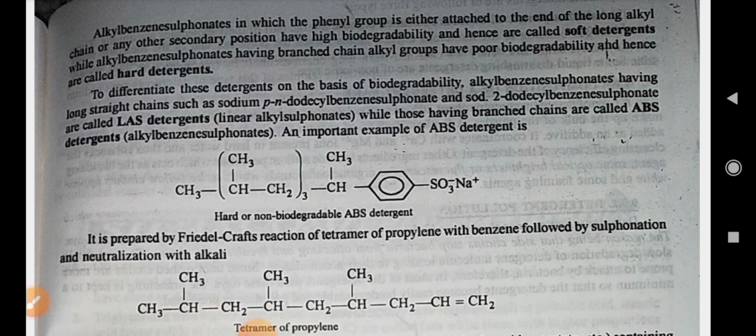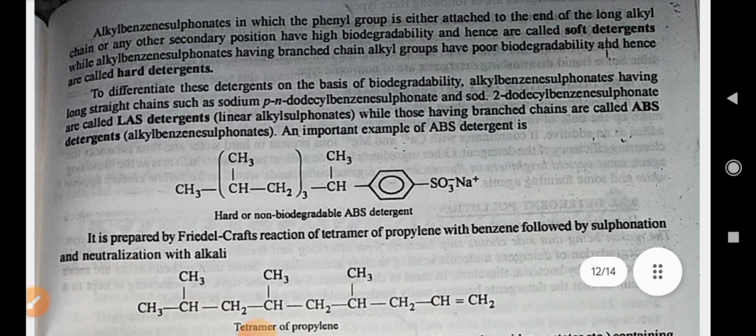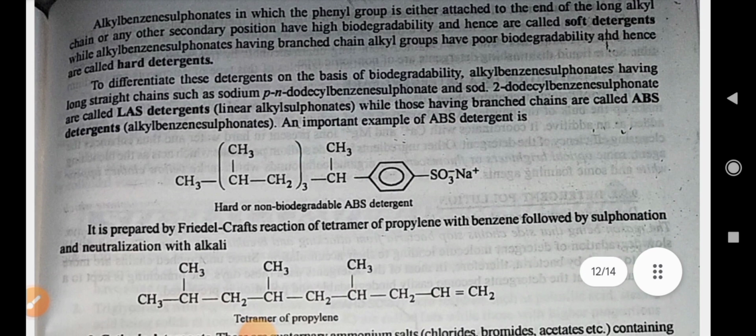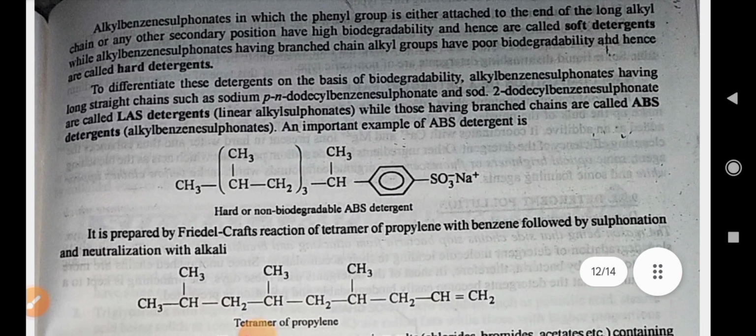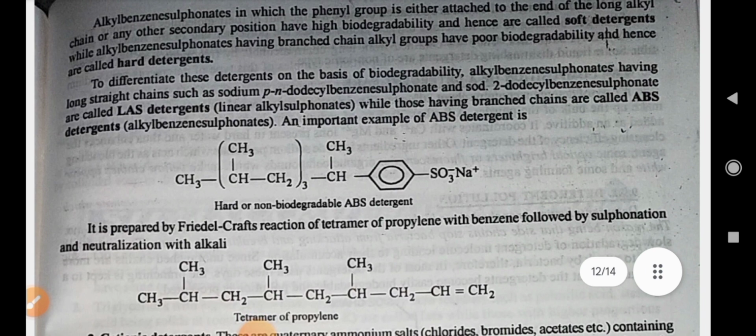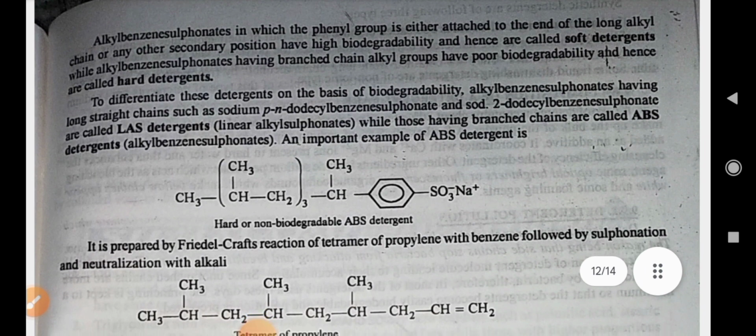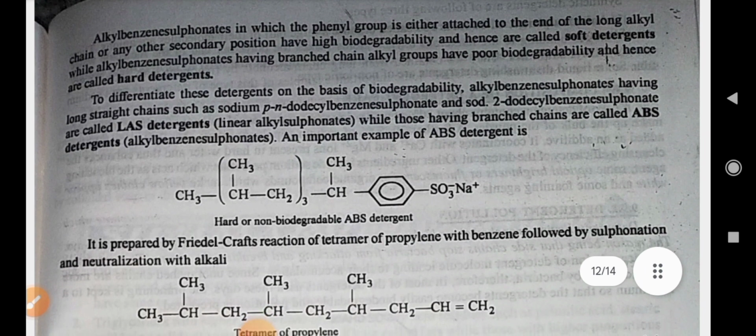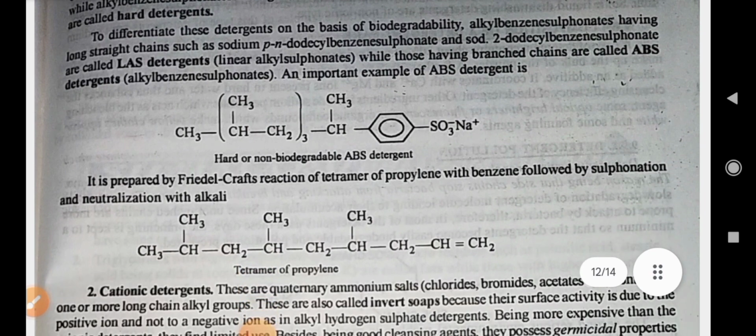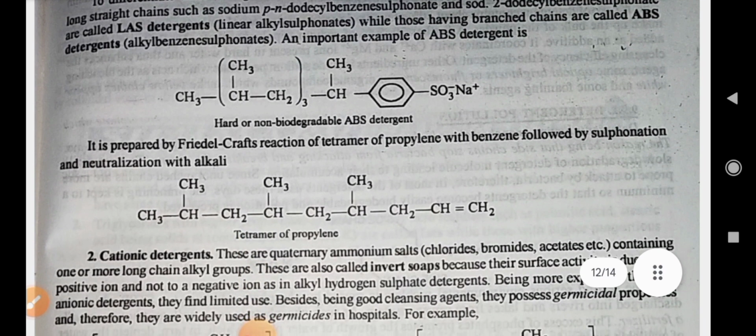To differentiate these detergents on the basis of biodegradability, alkyl benzene sulfonates having long straight chains, such as sodium para-n-dodecyl benzene sulfonate and sodium dodecyl benzene sulfonate, are called LAS detergents, while those having branched chains are called ABS detergents.